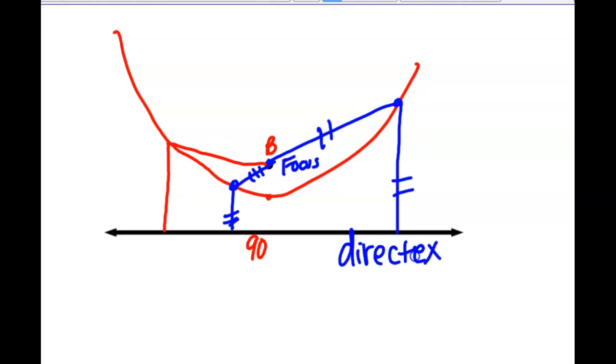Okay. So what do you notice about this directrix line? Is it going through the parabola? Never, okay? The parabola opens away from that directrix. It is, in fact, perpendicular to this line. What's that line called? Axis of symmetry, okay? So it would be a right angle to this directrix.